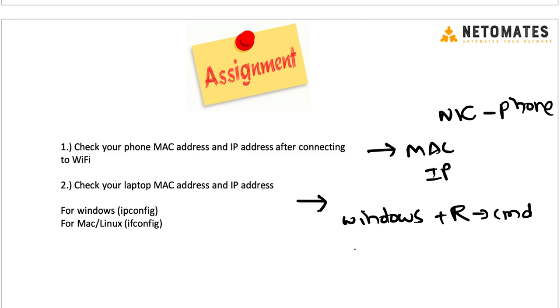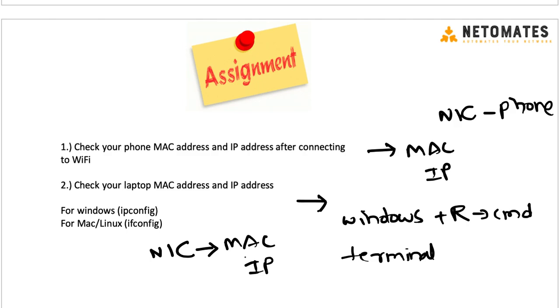If you have a Mac, type terminal in the search, and it will open the command prompt window. Once you are on the command line, you can enter ipconfig on Windows, ifconfig on Mac or Linux. Then it will print all the network interface cards the system has, and it will show the values of each network card, which includes the MAC and IP address. These are the two commands that you need to remember to verify a system's IP address and MAC address.